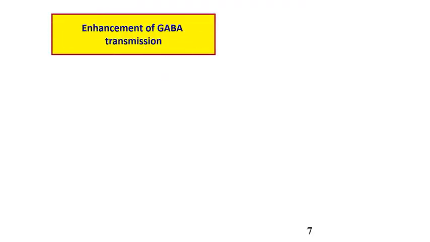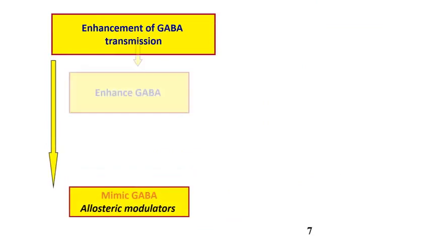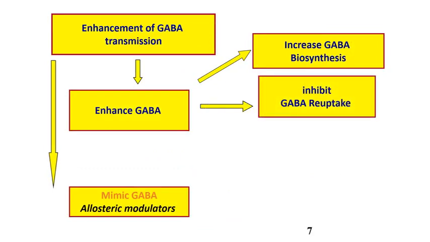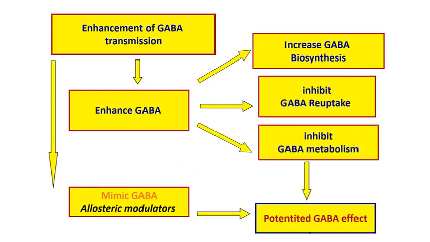Please don't forget this scheme. It was discussed last lecture, and this is summarizing what we have said now. We end with a potentiation of the GABA effect.